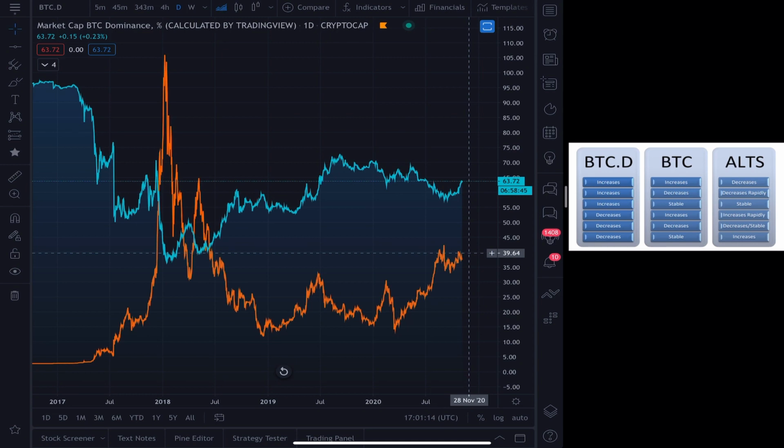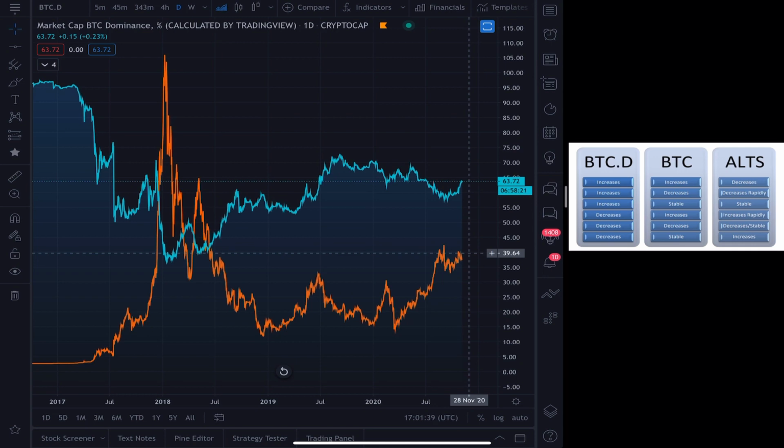So as money is flowing out of Bitcoin, it is flowing into altcoins, but Bitcoin is decreasing. Now, this is incredibly rare. This pretty much almost never happens. When Bitcoin goes down, altcoins go down. It's a fact.